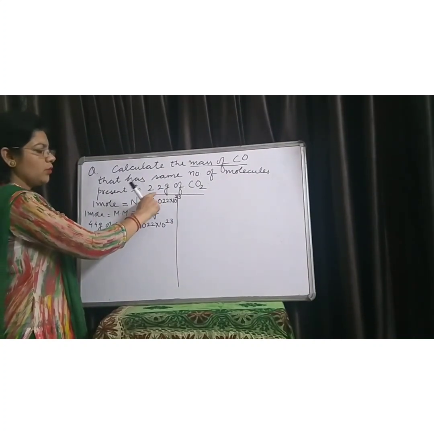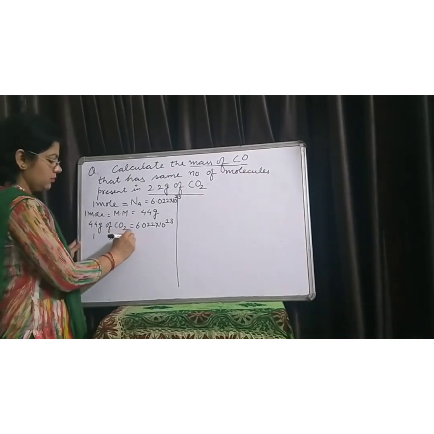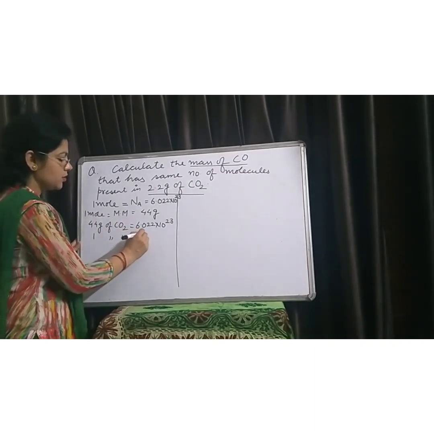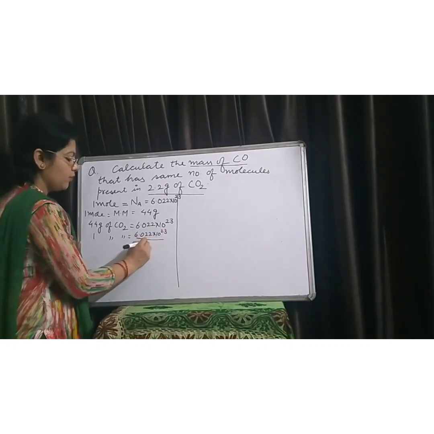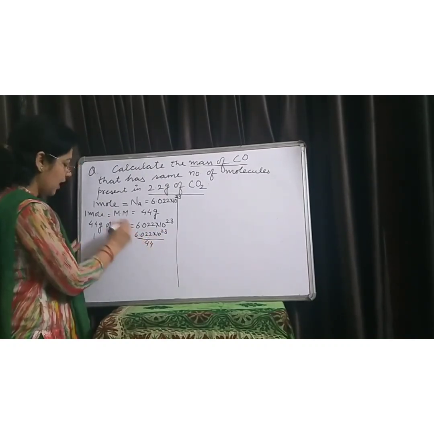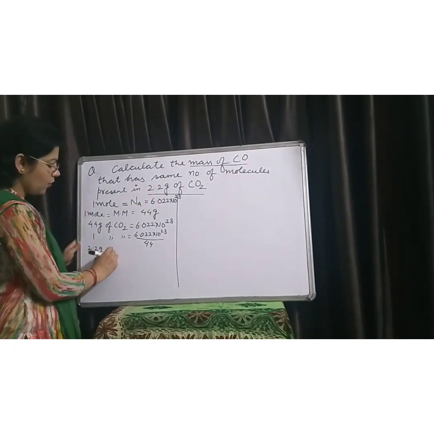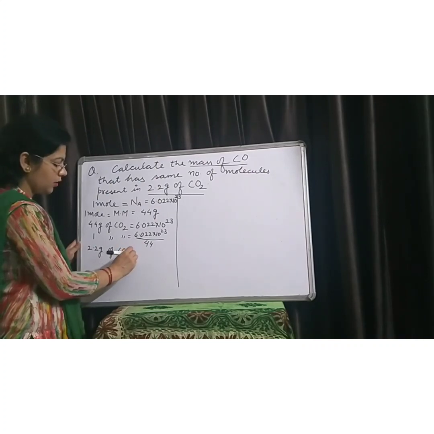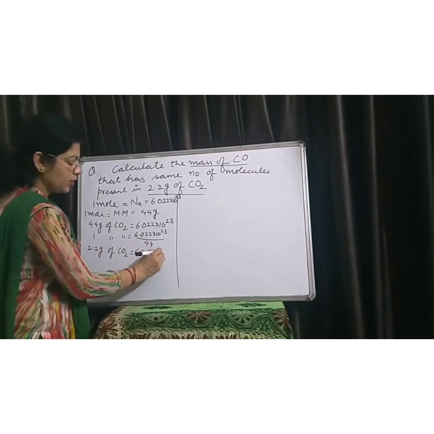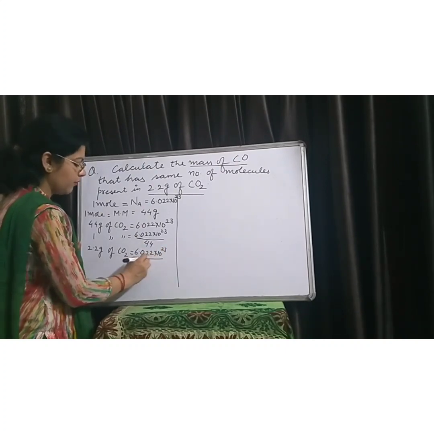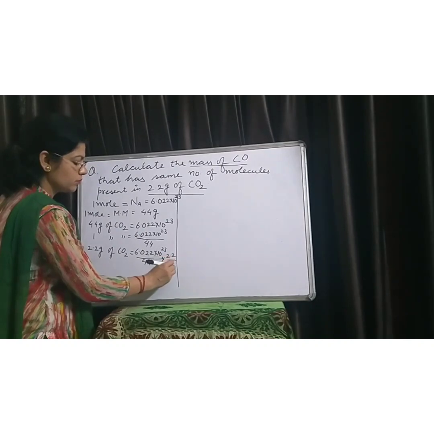As we have to calculate it for 2.2 grams, put the equation: in 1 gram, 6.022 into 10 raised to power 23 divided by 44, and we have to calculate in 2.2 grams of carbon dioxide, equal to 6.022 into 10 raised to power 23 divided by 44 multiplied by 2.2.